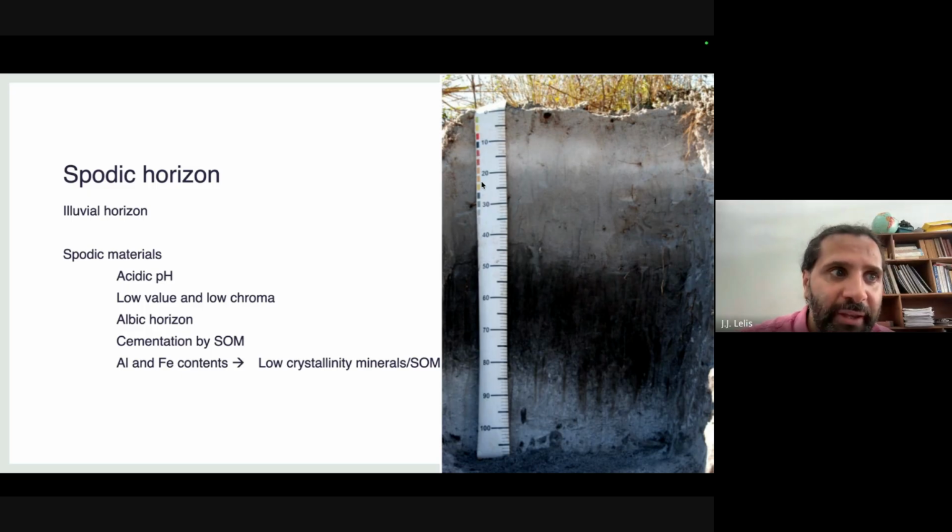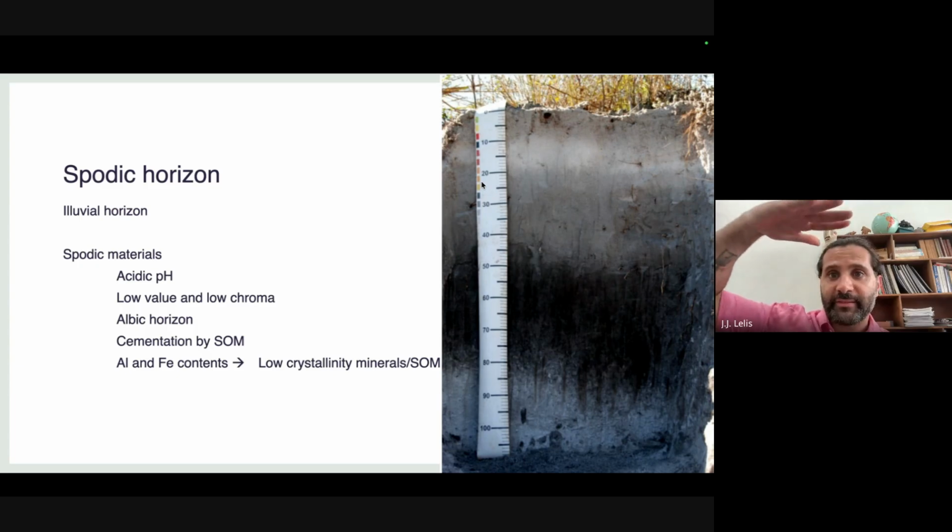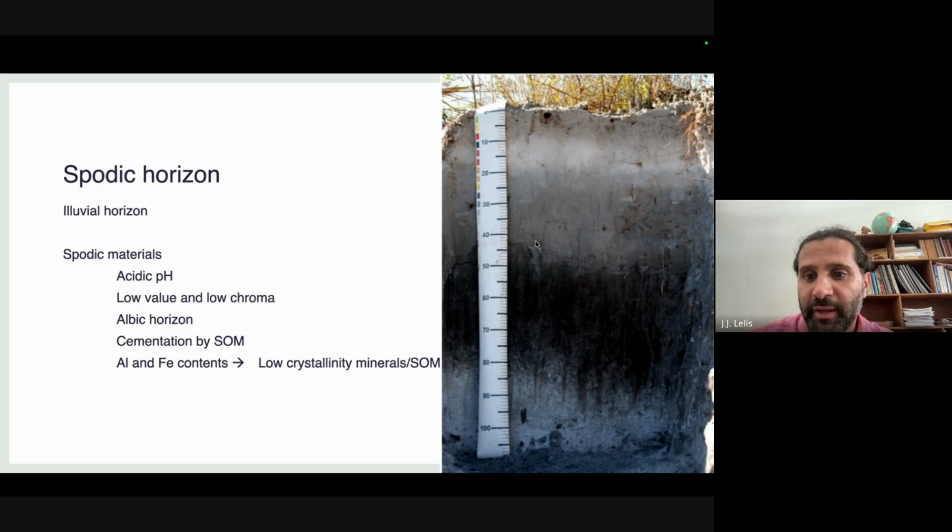And now that you register a lower clay content, when the water from the rainfall starts to migrate through the soil profile, the water can carry some of this organic matter at the surface to deeper horizons, and then organic matter concentrates at deeper horizons.